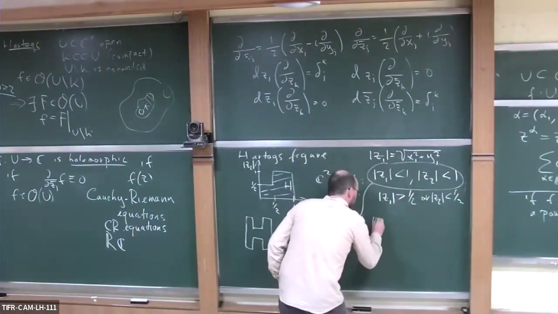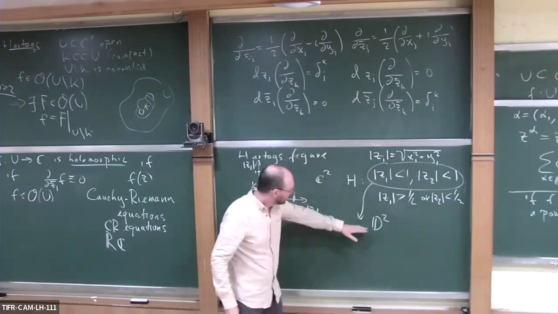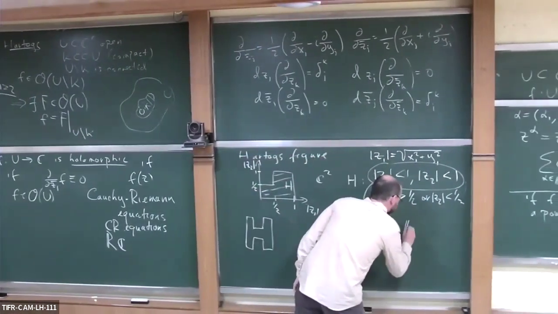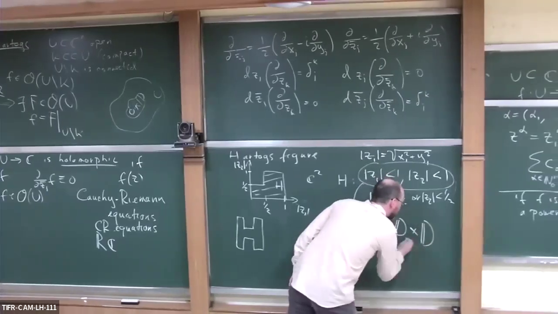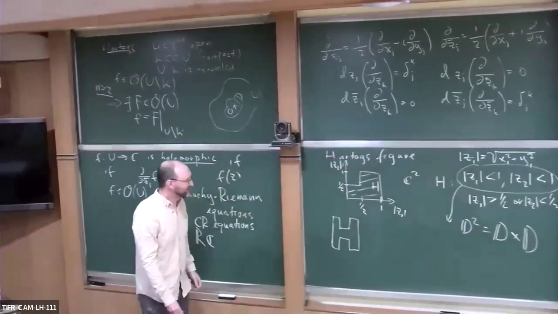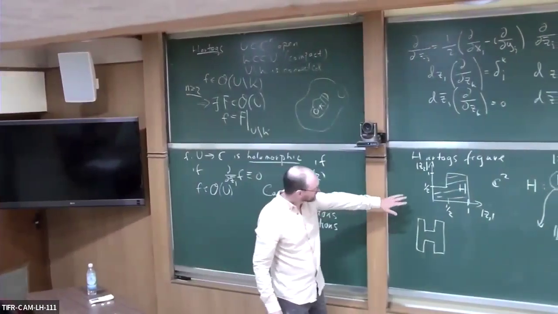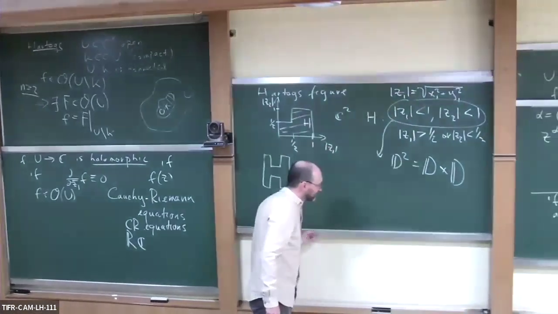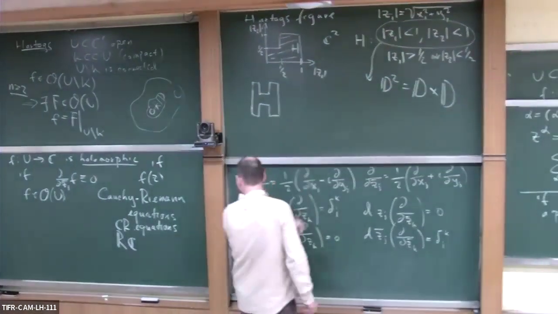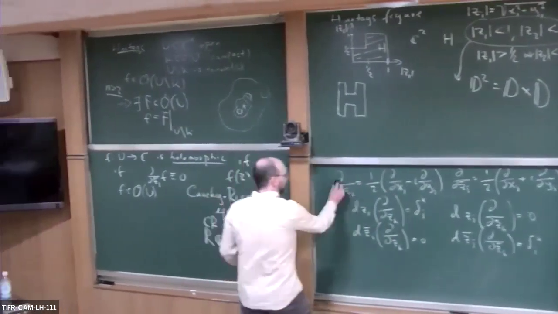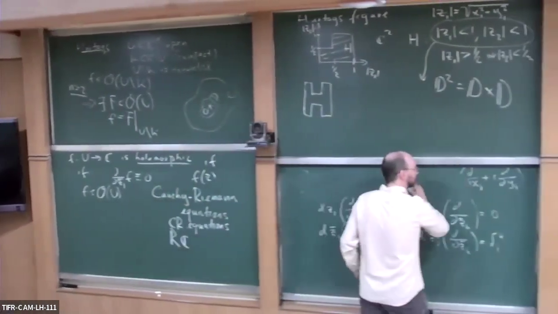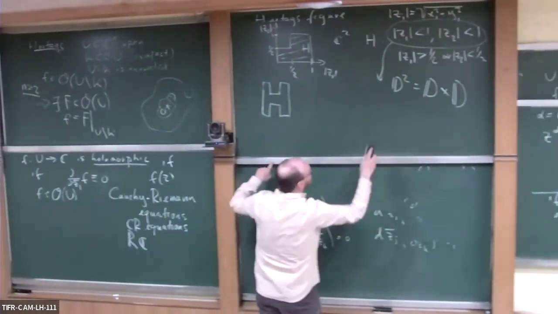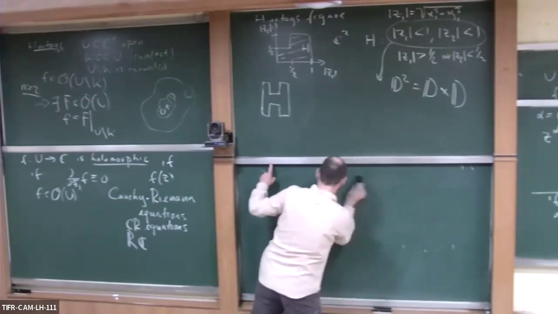This is like this, the unit bidisk, the unit polydisk, right? These basic domains in C2, and this Hartogs figure inside here. I get an extension like this from H to the unit polydisk.